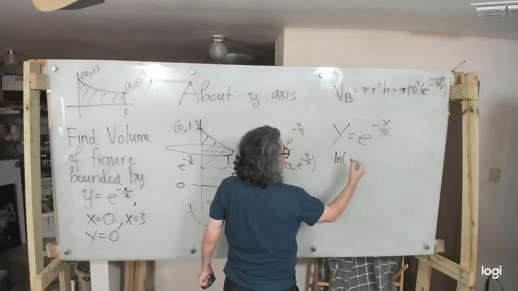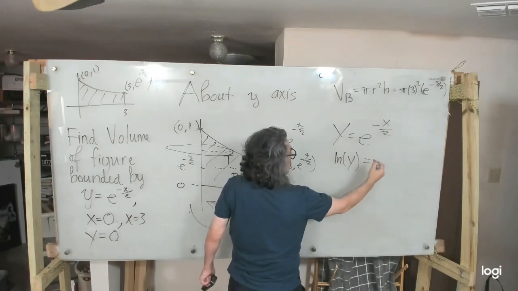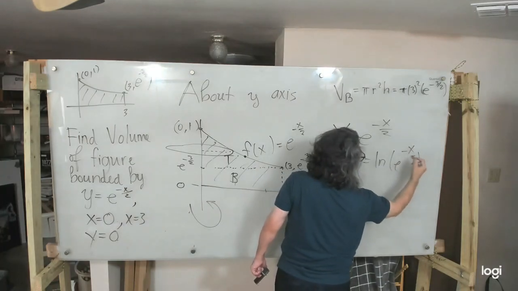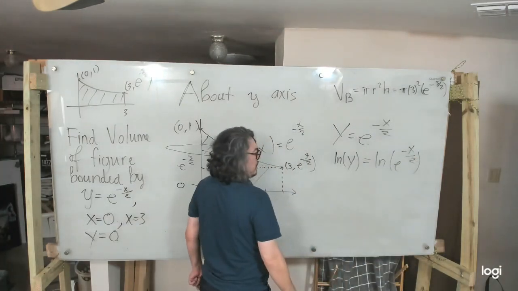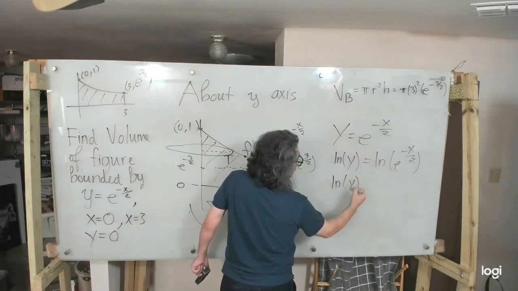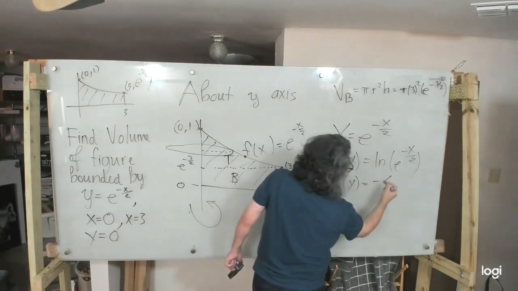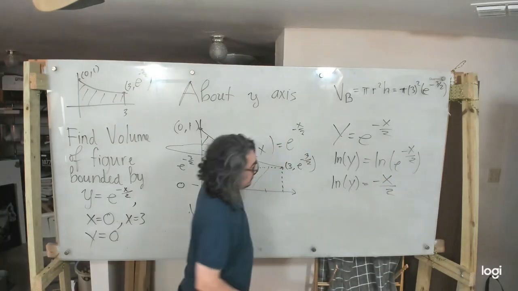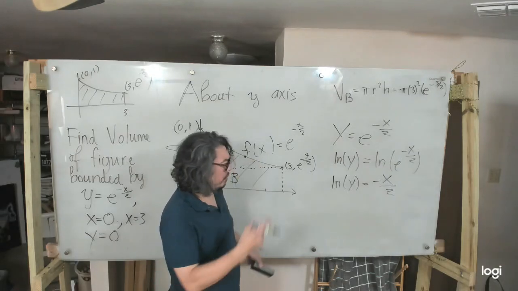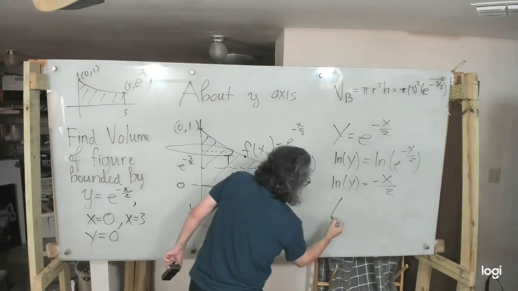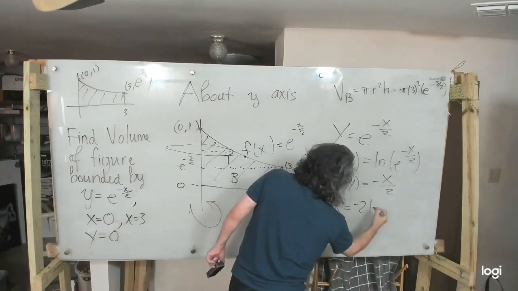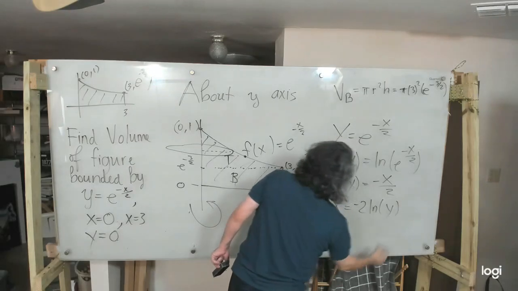The ln of y is going to equal the ln of e to the negative x over 2, like this. Now, because of what we just said, the ln of y is going to equal negative x over 2, right? So now we're going to multiply both sides by negative 2, and we get that x is equal to negative 2 ln of y, okay?